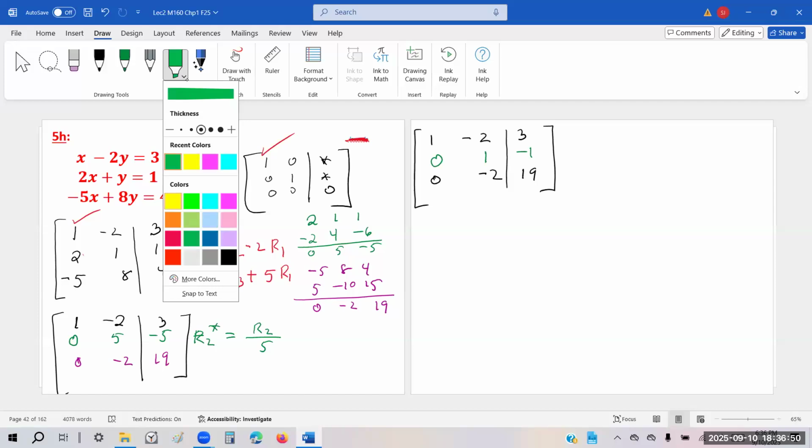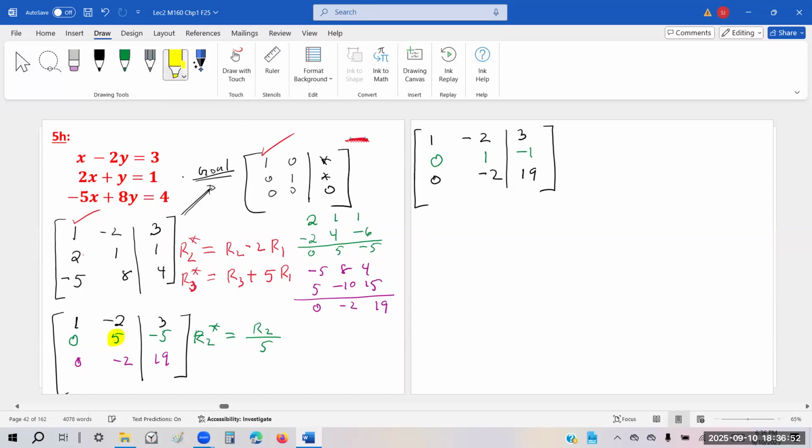So we changed this 5 into 1. And now our goal is to change this negative 2 into 0. So we are going to change row 3. So the new row 3, since we want to have 0 there, we keep our row 3.